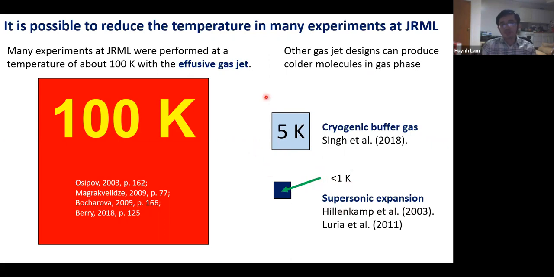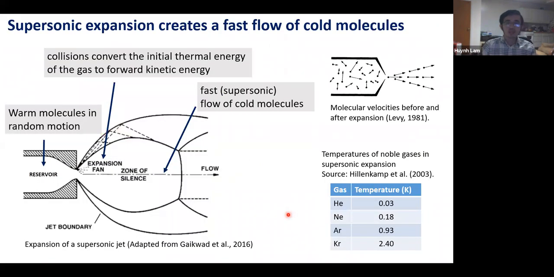I will discuss the two solutions in detail, and then we will compare them. In supersonic expansion, we will create a fast flow of cold molecules. As described in this schematic, we start with warm molecules in random motion in the reservoir.